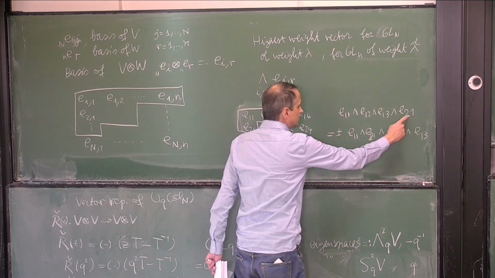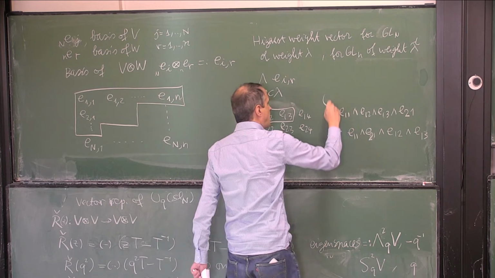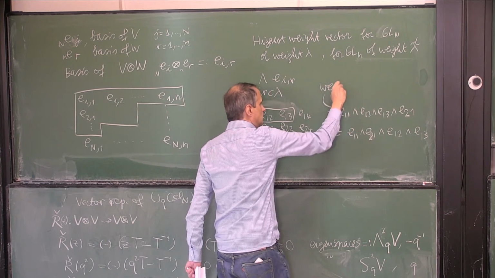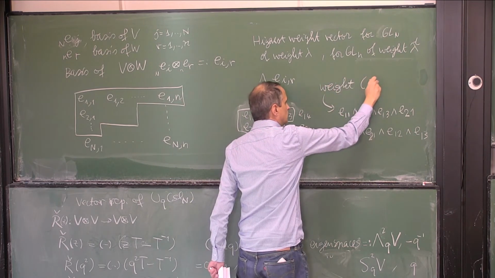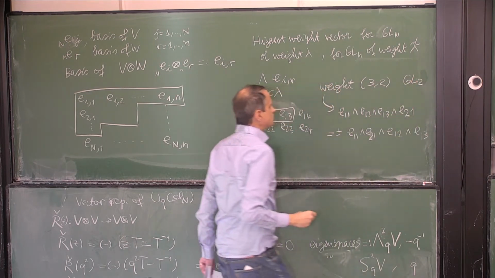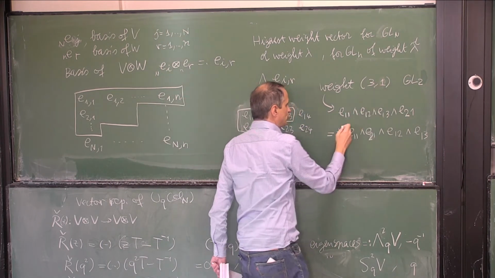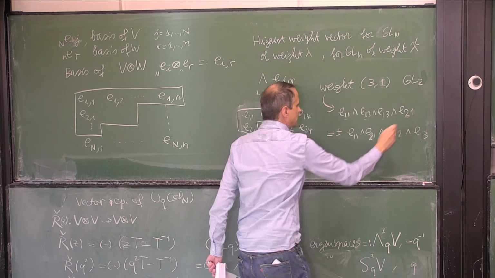So the weight is 3, 1 for GL_2: if you look at the first index, you have 3 times 1 and 1 times 2.